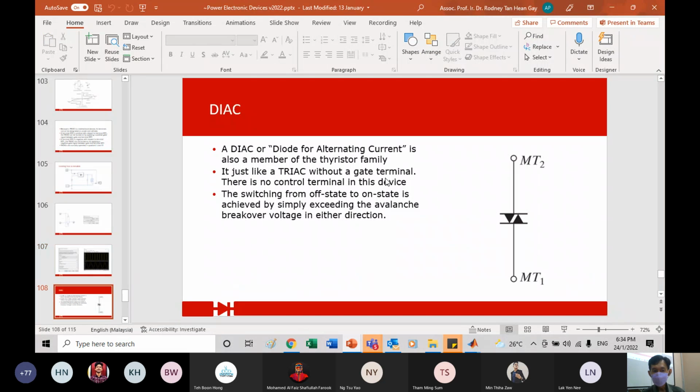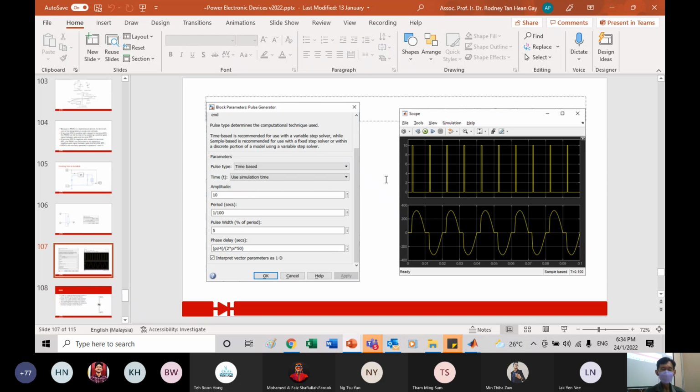Almost done already. Oh, TRIAC. We'll do this next class. TRIAC should be very fast because we are already at slide 1115. So I guarantee this Thursday we can finish this chapter. Then it's a challenge for me to choose which one to come next, DC or DC-AC. I have to think.